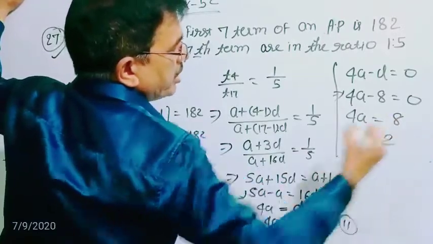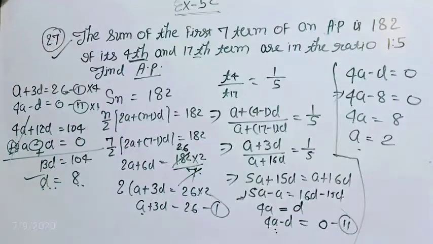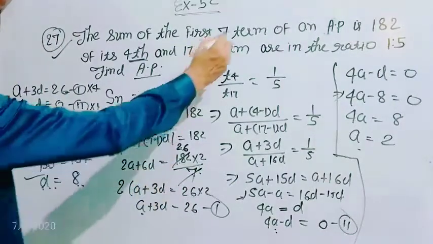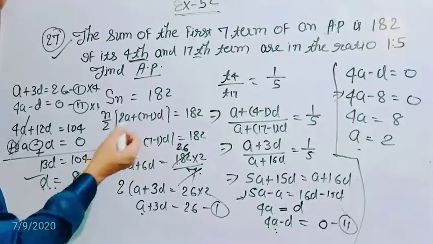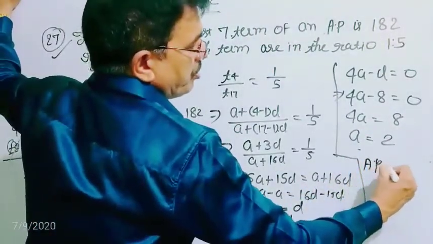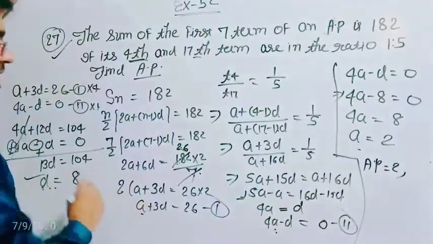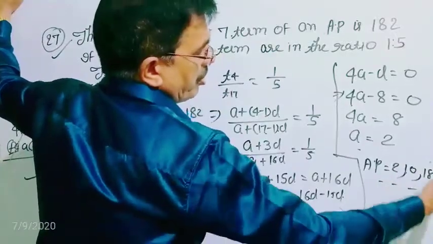So A is 2. Dear student, if you use the method of elimination with the given two equations, you find A and D very easily. Then what is the AP? The AP has first term 2 and common difference 8. So next is 10, next 18, and so on.